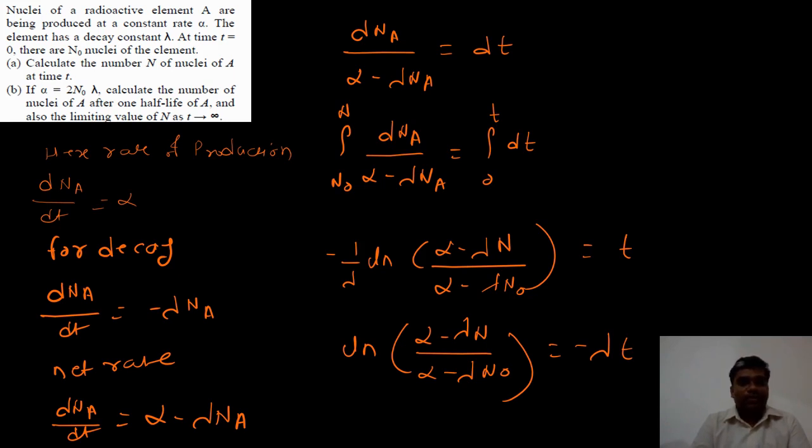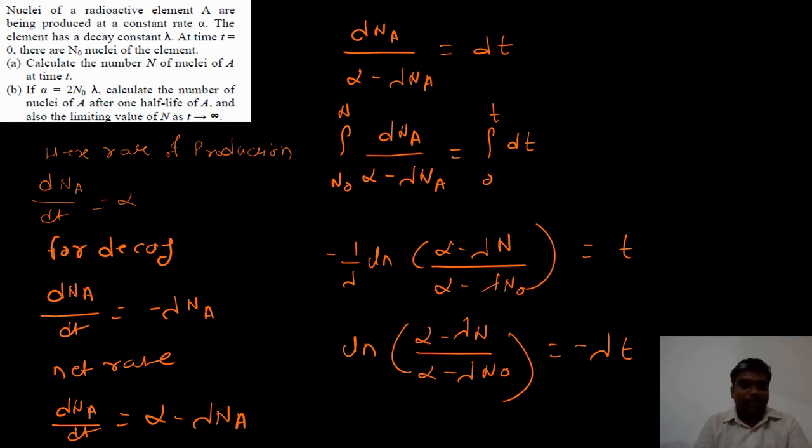If alpha is equal to 2 N naught lambda, meaning the production rate is 2 times N naught into lambda, calculate the number of nuclei of A after one half life of A, and also the limiting value of N as t tends to infinity.